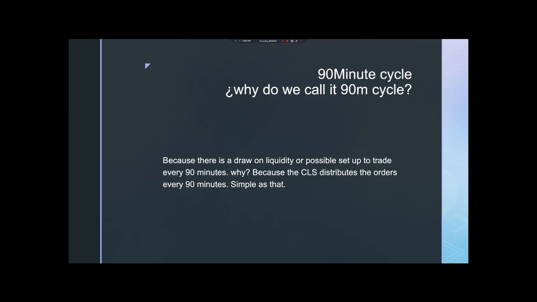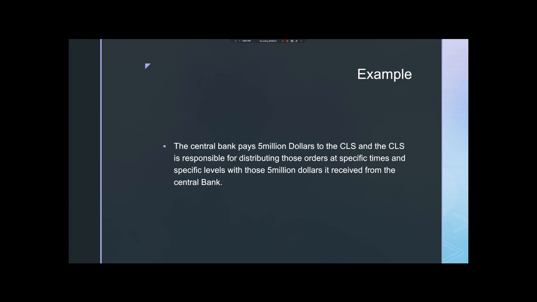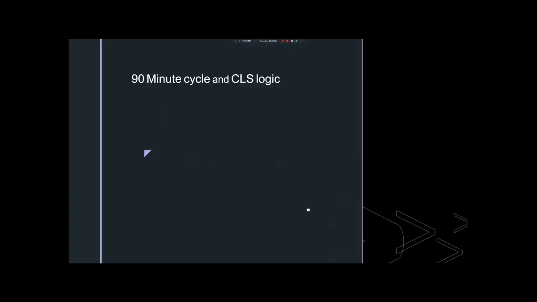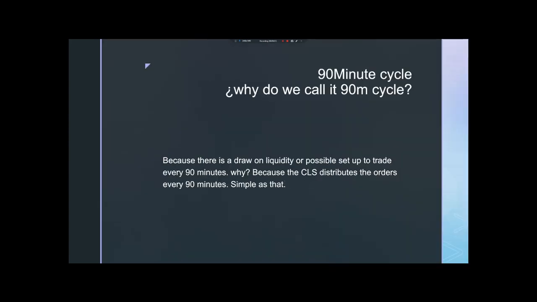So this was basically the first chapter. It was very quick, but simple is always going to be better than any hard or long explanation.